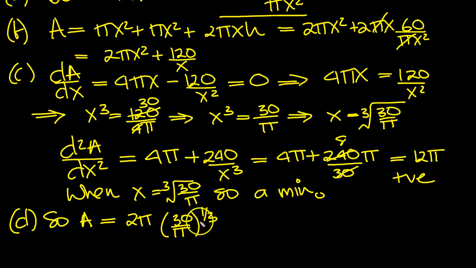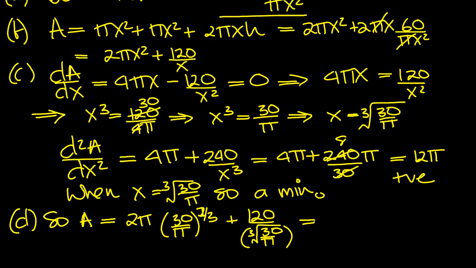So this whole thing squared, power 2/3, plus 120 over x. Now x is a cube root of 30 over pi, so we can keep it in one block if we wish, because it's only a calculation anyway.